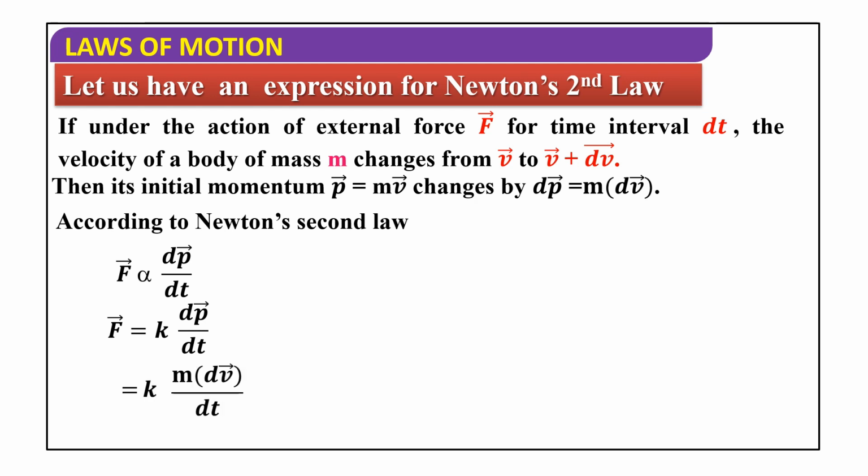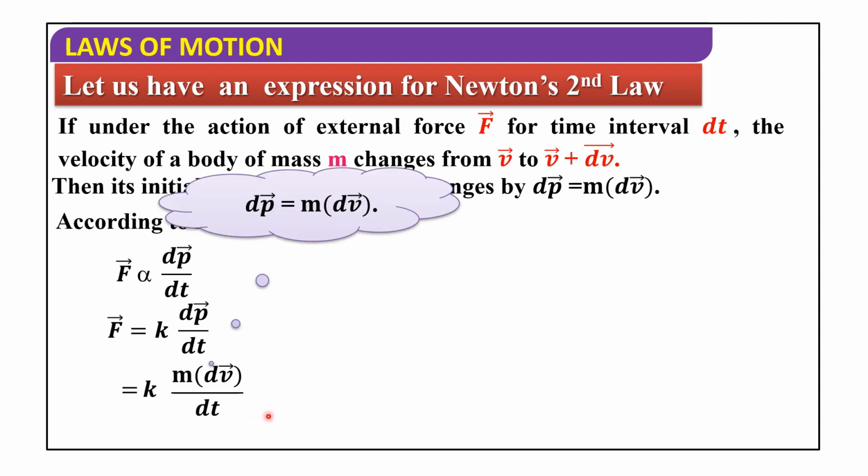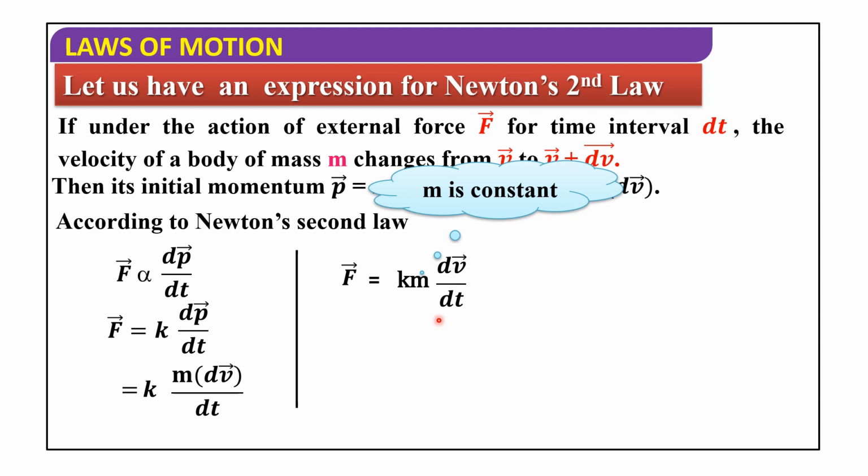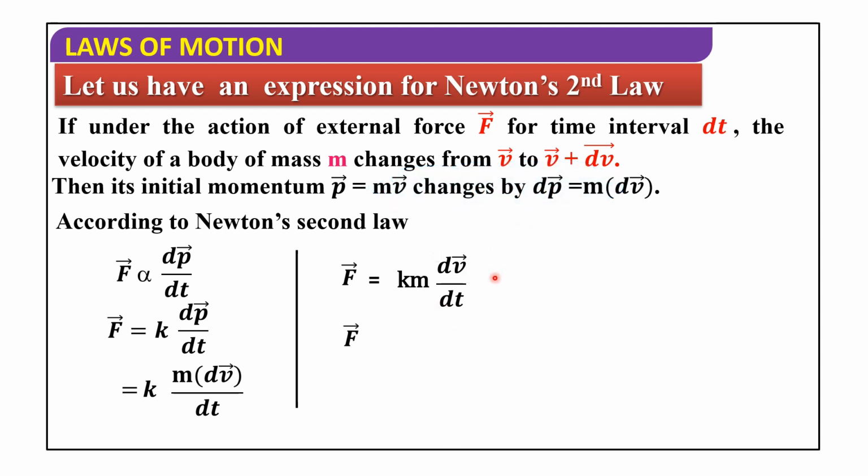So that is equal to k into the change in momentum, dp is equal to m into dv. So F bar is equal to k into m dv bar by dt. Here m is constant.